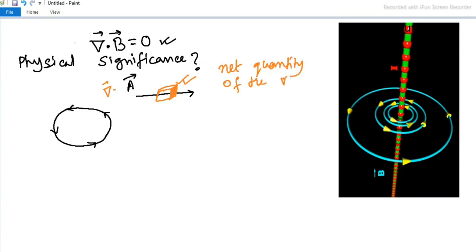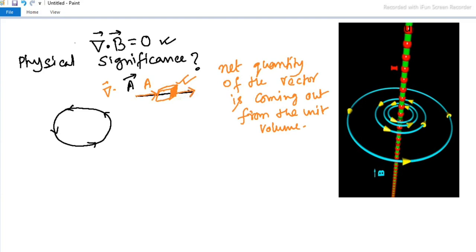Here, the vector quantity which is entering this particular unit volume is A, and with the same magnitude it is coming out.